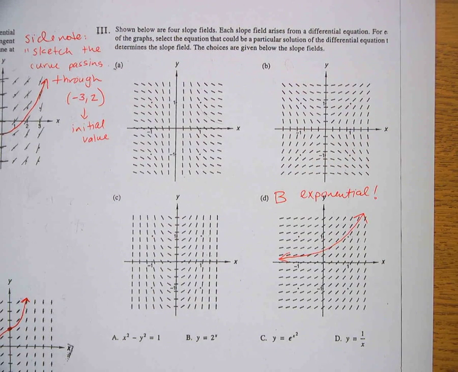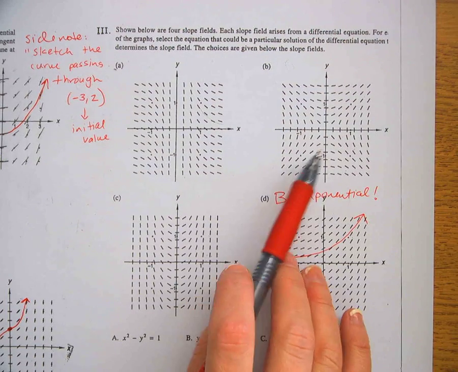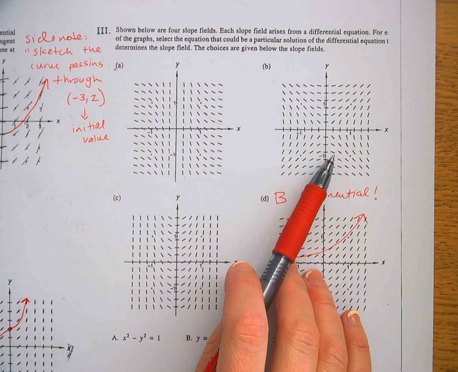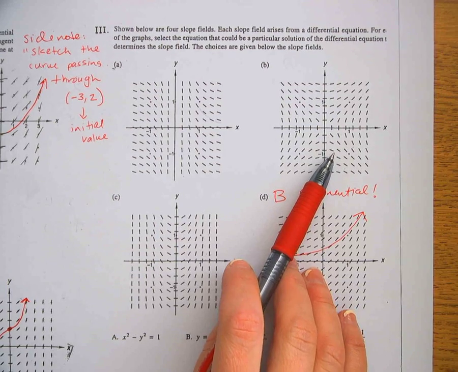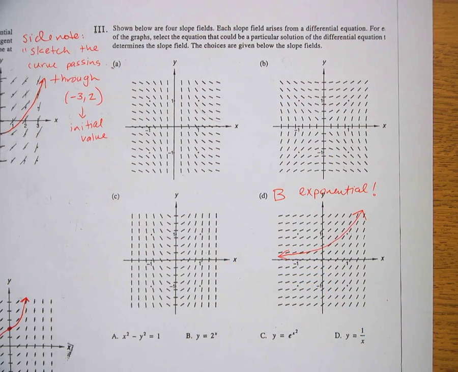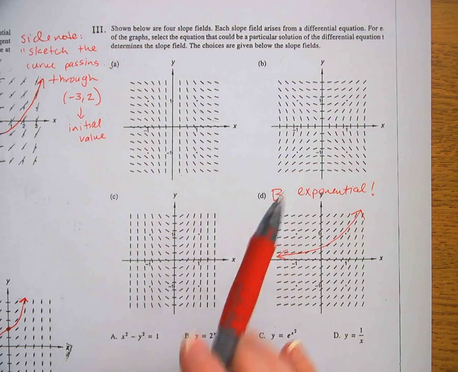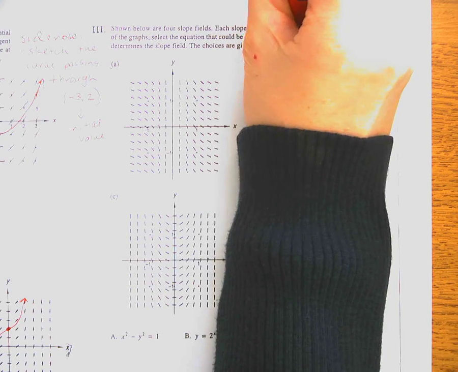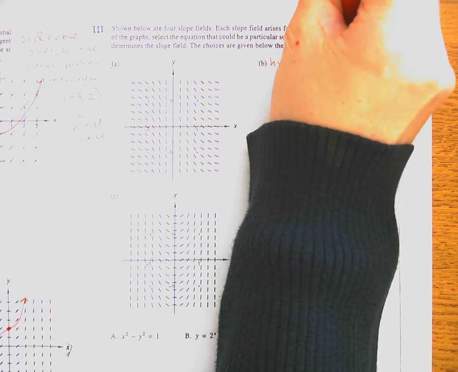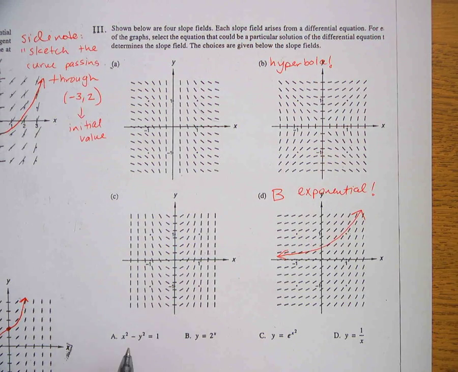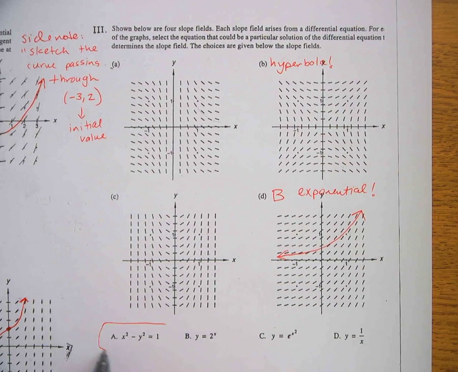Okay, second thing that sort of stands out to me is this one. And I'm wondering if you can recognize what this looks like. Think back to Algebra 2 when we learned about conic sections. This here is a hyperbola, and its equation is right here. Anytime you have the x squared minus the y squared or y squared minus x squared, you get a hyperbola.